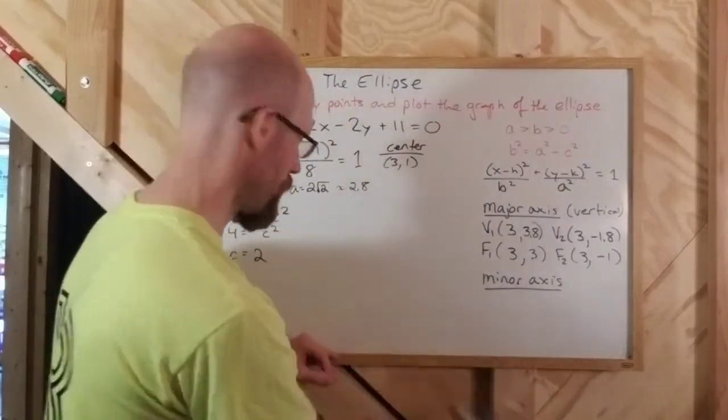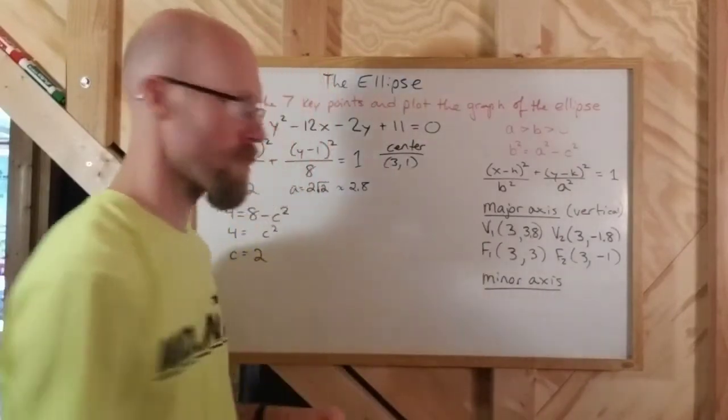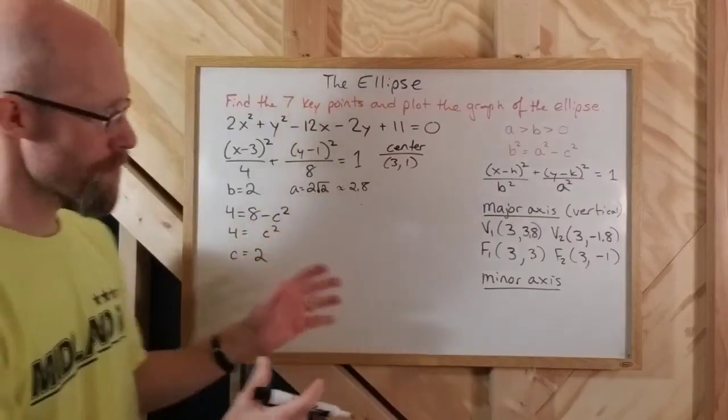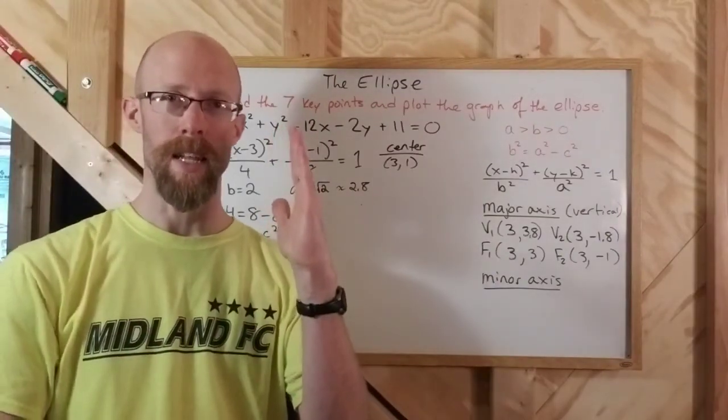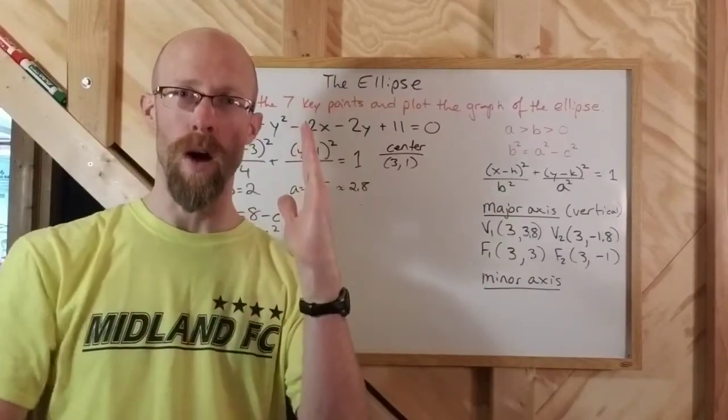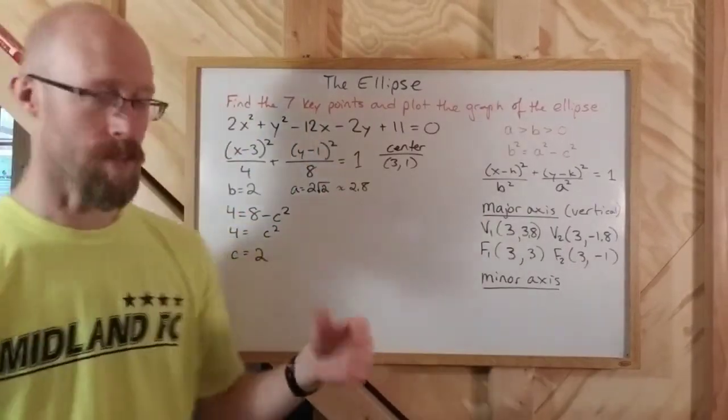I think of this more visually. I don't like the formulas because I don't like to try to keep track of what's what. I just try to imagine everything on that line and just fix the x value and then just shift all the y values. And then for the minor axis, it's a little bit different.